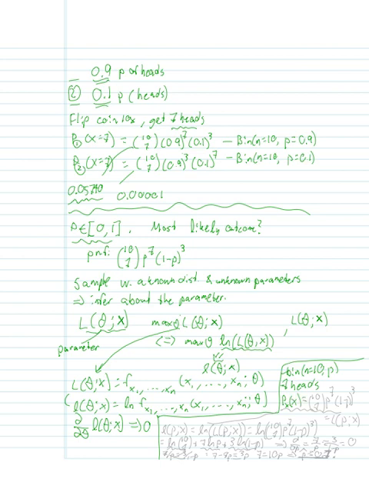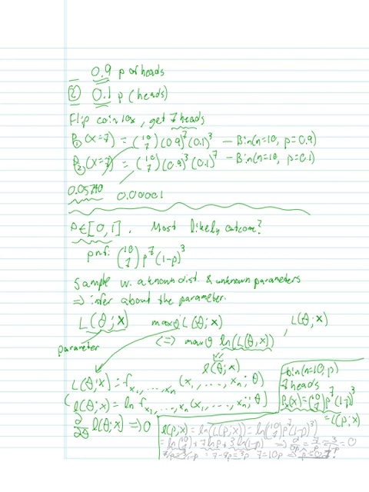So the PMF is 10 choose 7 times p to the 7th times 1 minus p cubed. Right? And this PMF is our likelihood function. We will write L of p, because p is the unknown parameter in this case, semicolon x, where x is the sample that we took.